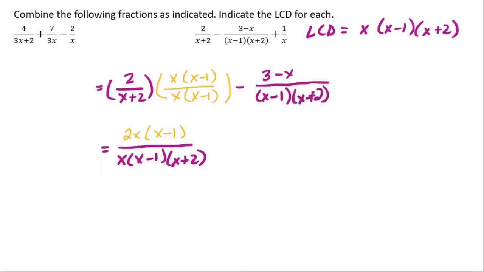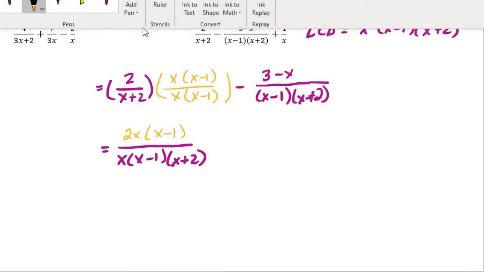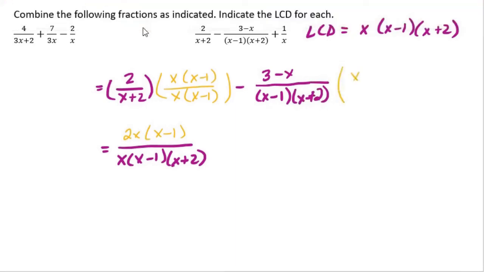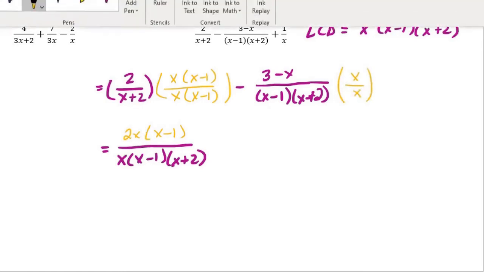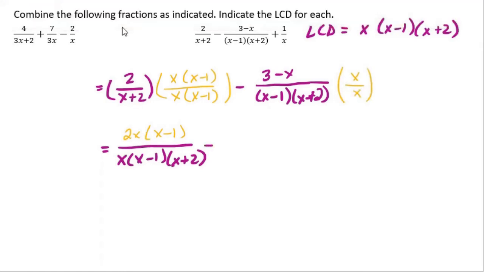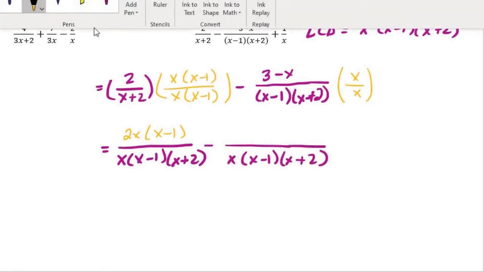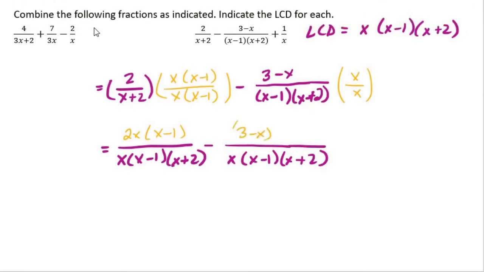So I only have to multiply top and bottom by x. And that gives us the desired denominator. I've given myself quite enough room here. And we have 3 minus x times x as our numerator.